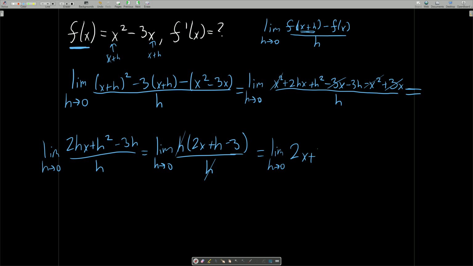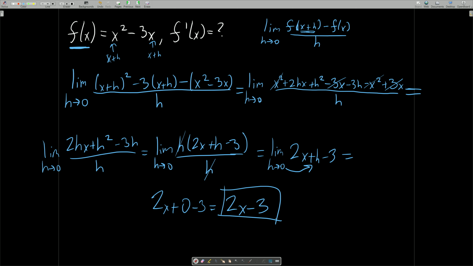So we're just left with 2x plus h minus 3. Now we can finally substitute in 0 for h to get 2x plus 0 minus 3. We're going to end up with just 2x minus 3. And that's the derivative of x squared minus 3x.